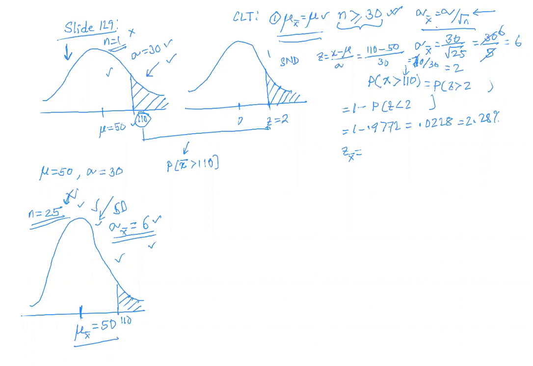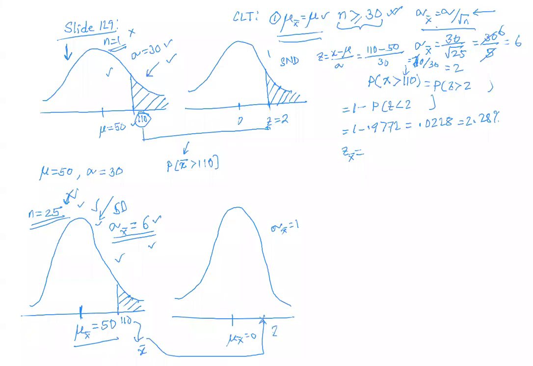z sub X bar is equal to, so this is actually X bar. And if we draw another graph, this has mu sub X bar equal to 0 and sigma sub X bar equal to 1. So corresponding to this point, there will be a corresponding z value here, which is z sub X bar, and we need to find that, like the way we did here.